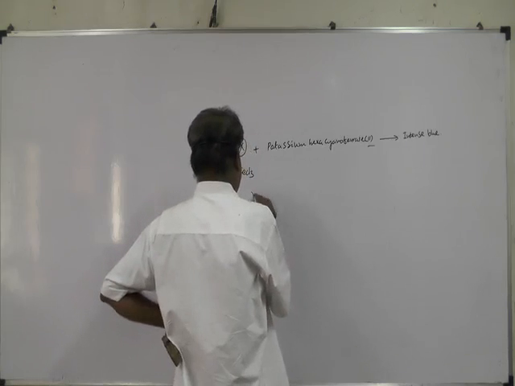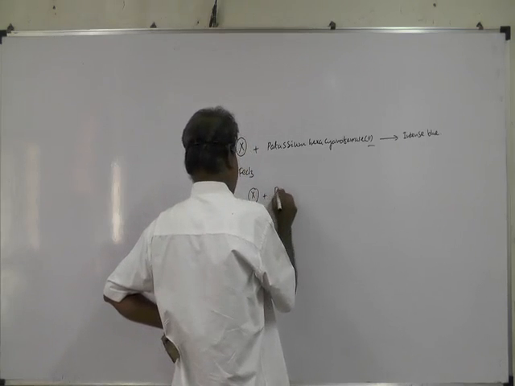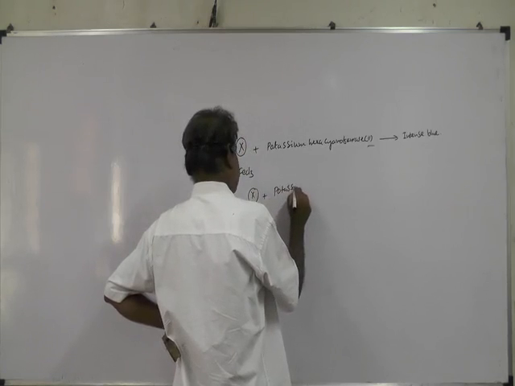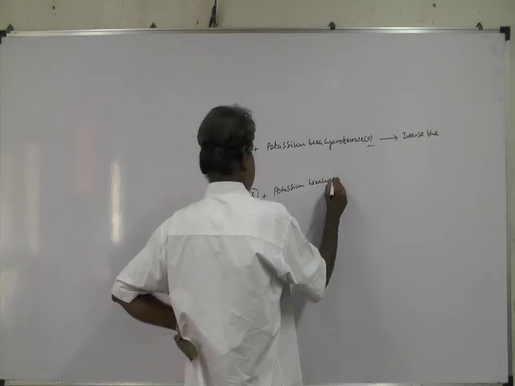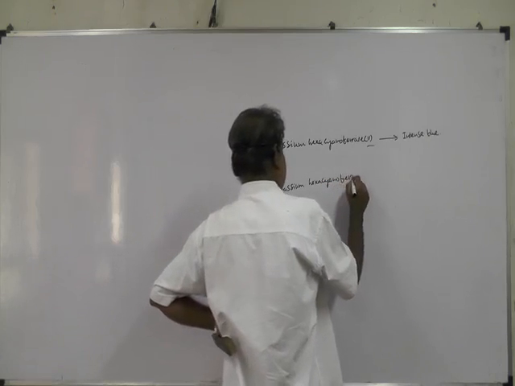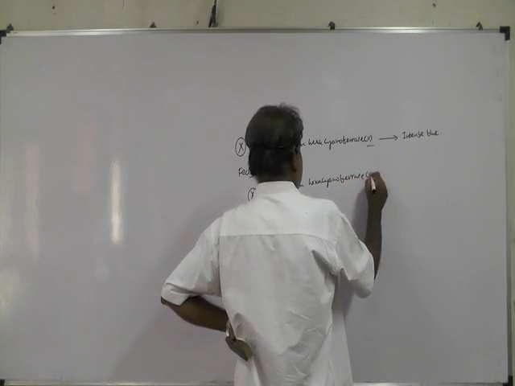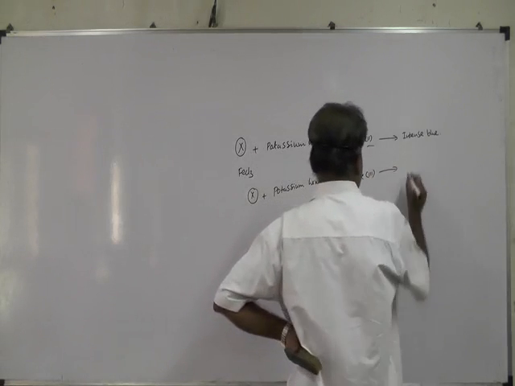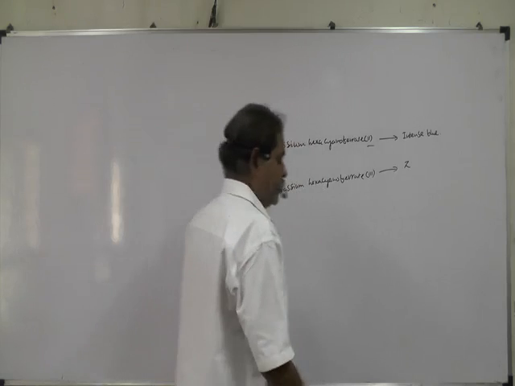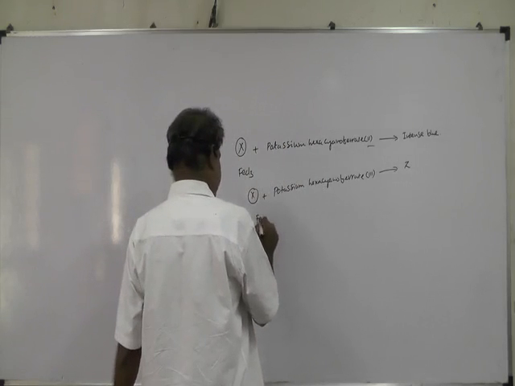And X reacts with potassium hexacyanoferrate 3 to give Z. What is Z? X again is FeCl3.